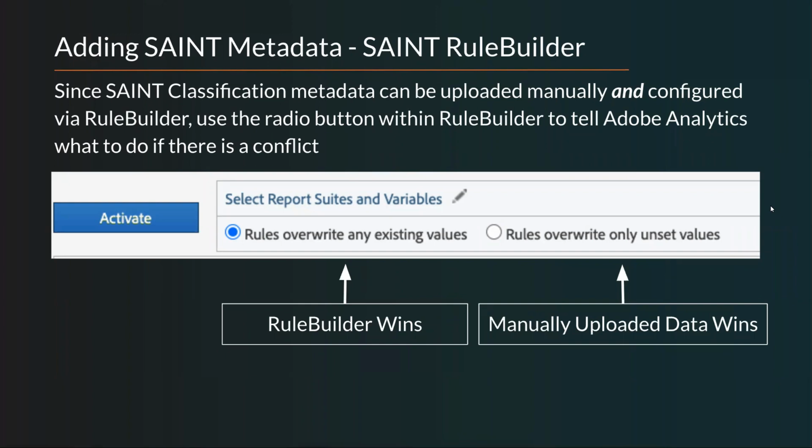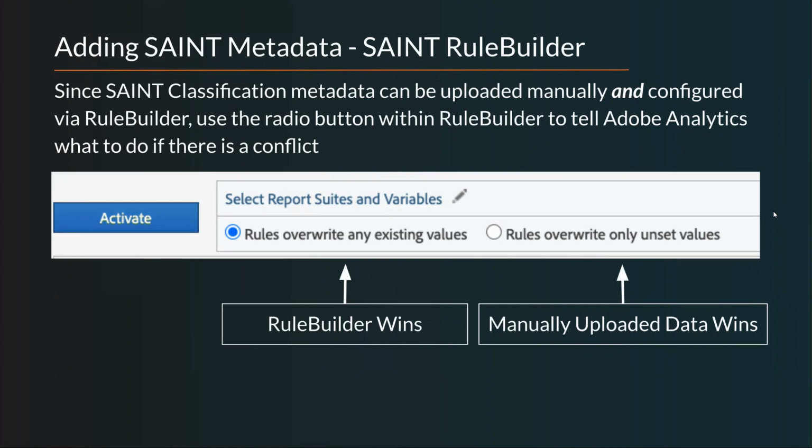If you use the one on the right, then the manually uploaded data will overwrite the Rule Builder rule. And the reason this is useful is if you have a Rule Builder, and let's say 95% are being classified through the Rule Builder, you can then use a manual upload to take care of the other 5%. And then it's just up to you to decide which one you want to win if the same key appears both times.